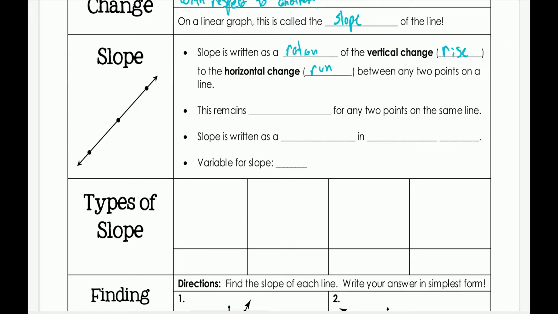This remains constant for any 2 points on the same line, and the slope is written as a fraction in simplest form. And in general, the variable for slope is going to be m.